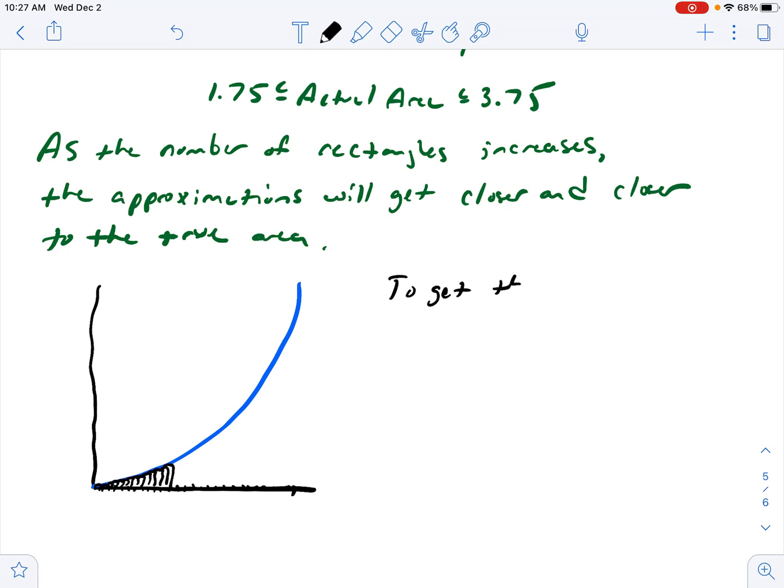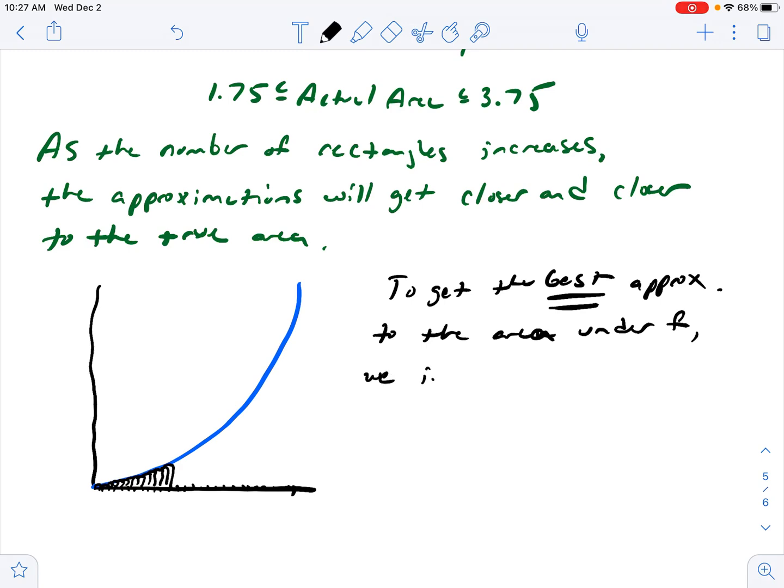So, moral of the story is, to get the best approximation to the area under f, we increase the number of rectangles.